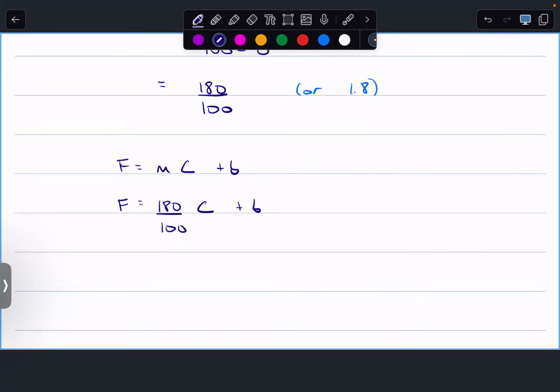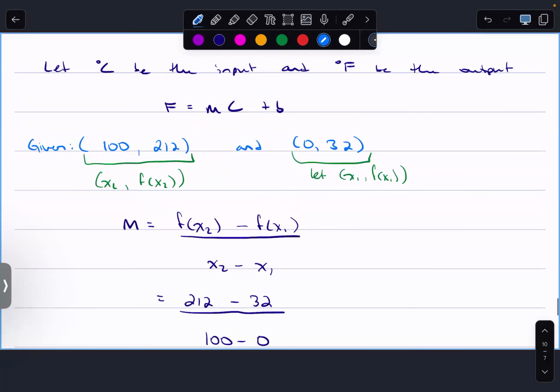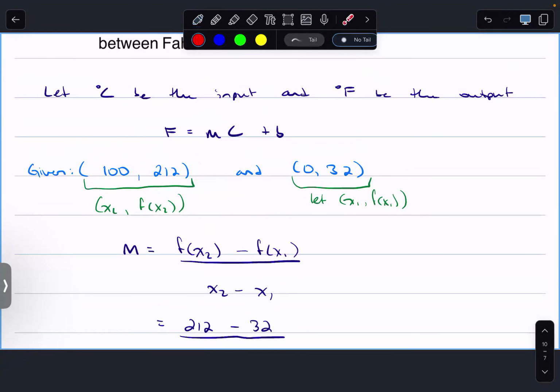And f. Let's see if there's an easy point. They're both pretty easy, but in the second point, I let C be 0, right? Which means I don't need to deal with the fractions, right? So that would be the point I would choose. But because we're doing math, why not do the harder point?